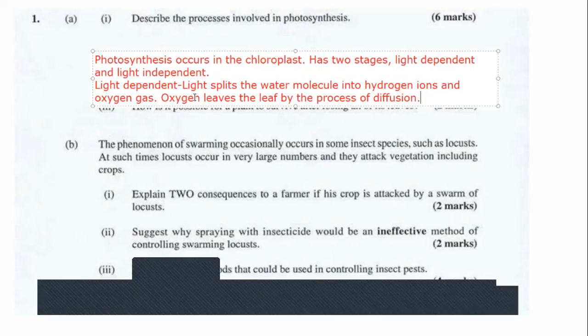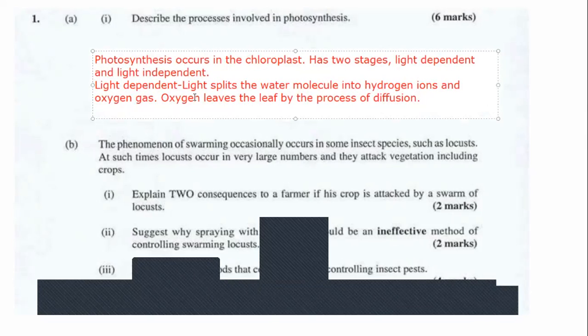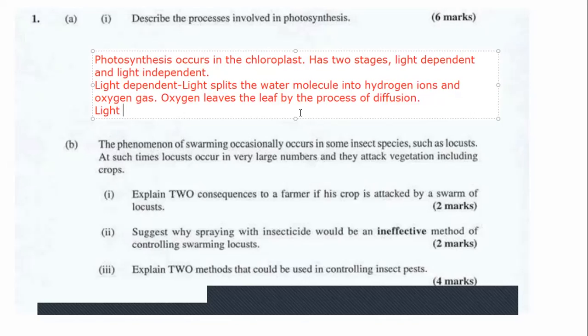Do we have to mention those electron transport chains? No, transport chains is CAPE level. At this stage, we're just talking about the light splitting the water molecules, giving you hydrogen ions and oxygen gas. That's it for light dependent.